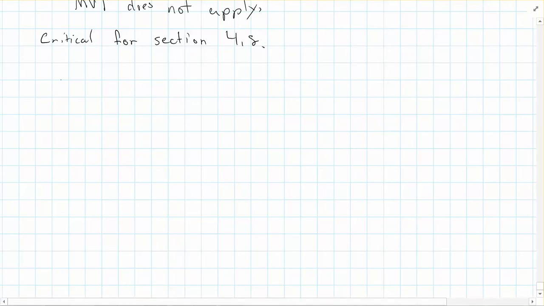Okay, so let's look at these two theorems here. First one here is a theorem.